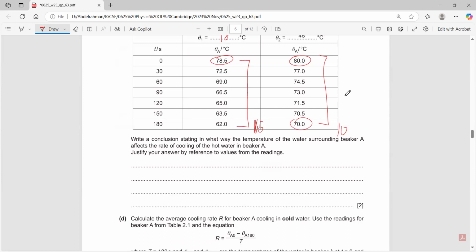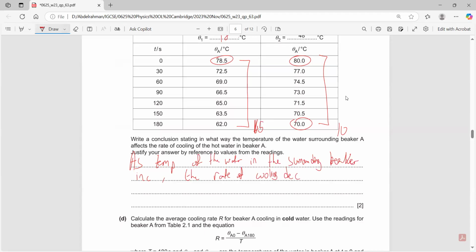So as the temperature of the water in the surrounding beaker increases, the rate of cooling decreases, right?